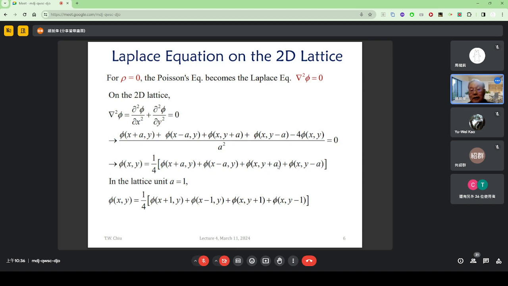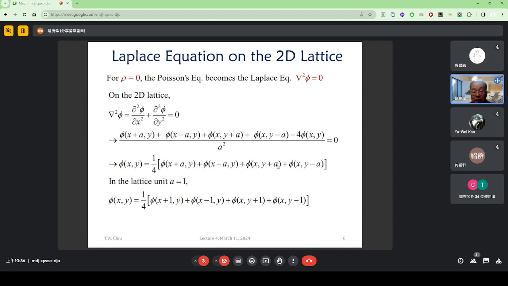Now the question is, how do you take the continuum limit? Let's put this question aside first. Later we will come back to address how to obtain the continuum limit.